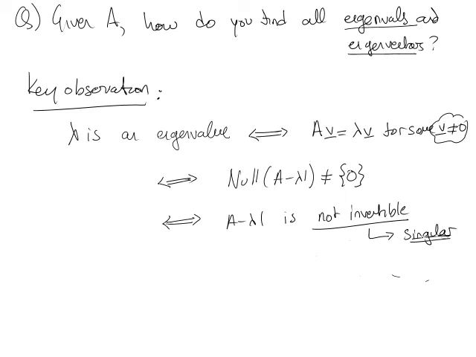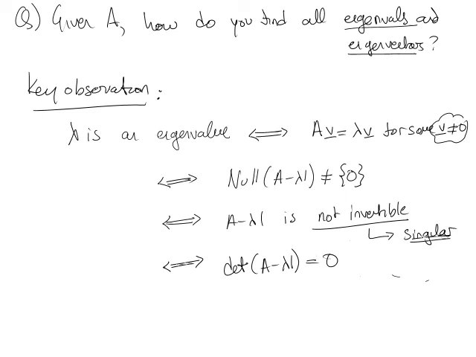We're asking for which lambda this matrix is invertible. So we're considering the whole family of matrices A minus lambda I. And so the most convenient way to figure out which matrices in this family are invertible is to use a characterization in terms of determinants. So a matrix is singular if and only if the determinant of A minus lambda I equals 0.